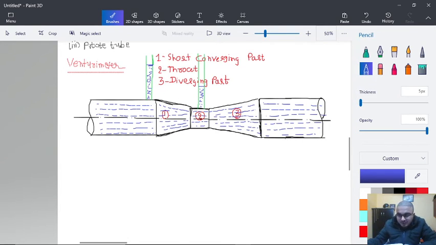So there are few nomenclatures that we need to discuss. D1 will be the diameter at section 1, V1 is the velocity at section 1, P1 is the pressure at section 1, and A1 will be the area at section 1.